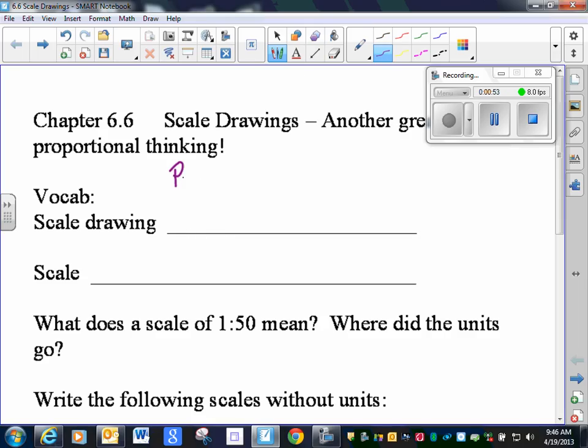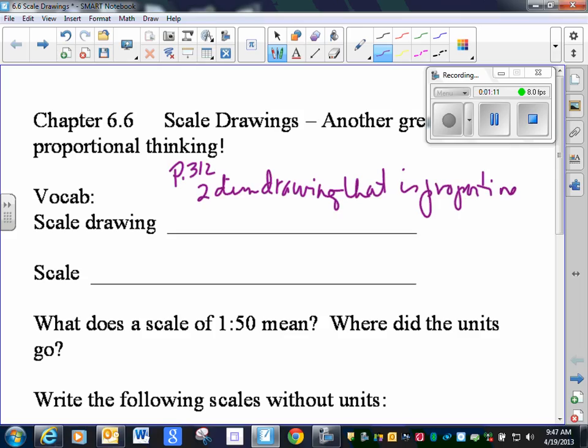It's a two-dimensional drawing that is proportional to the object it represents. Now, obviously, the scale drawing is smaller than the real deal, but the sides are proportional. All of the dimensions are proportional.